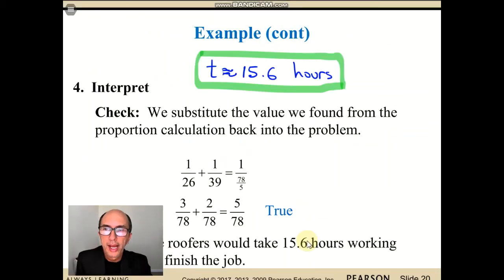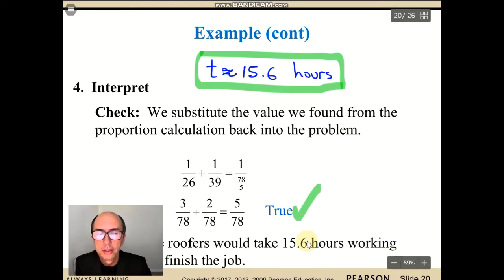Don't forget, at the end, when you find a solution, always try it out. Always check by plugging in the solution that you found into the original equation. And if you find a true statement, that confirms that the solution that you found is actually the solution for the problem.